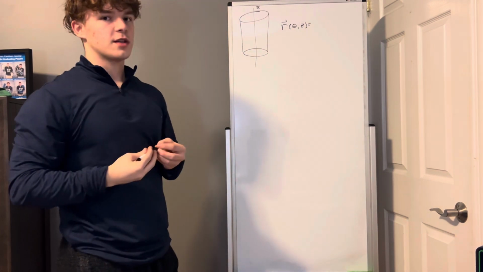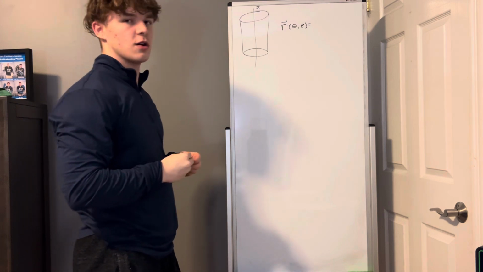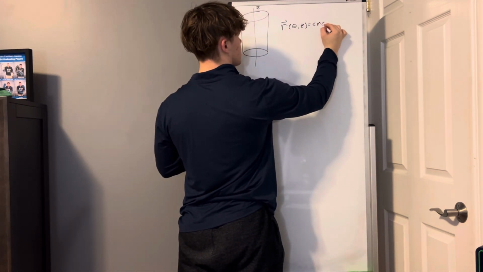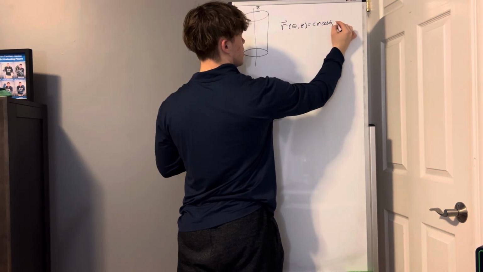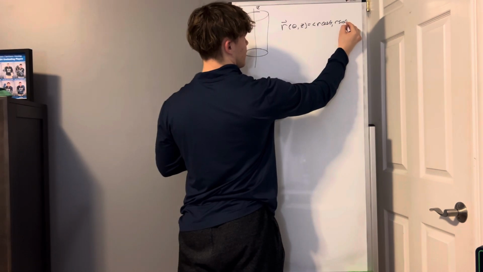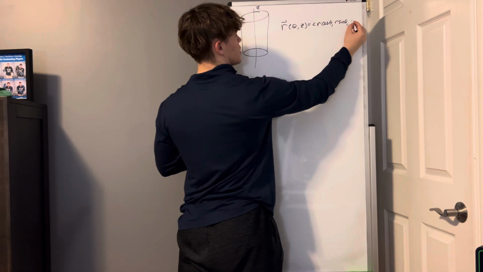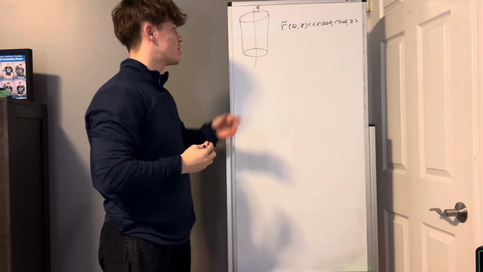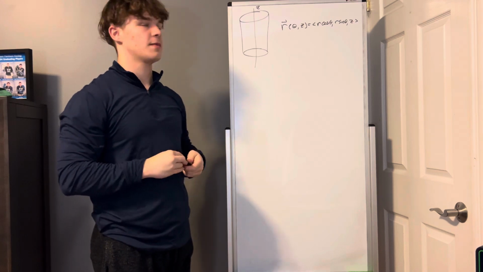For x and y, it's just going to be a circle: radius times cosine theta for x, radius times sine theta for y, and z is just going to equal z again because it just goes up and down. It just stretches this circle along the z-axis.